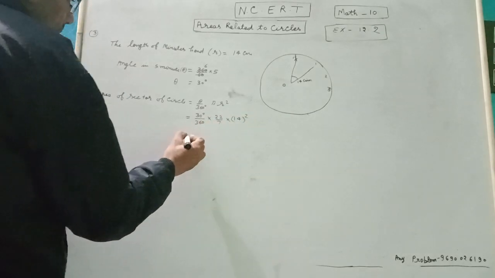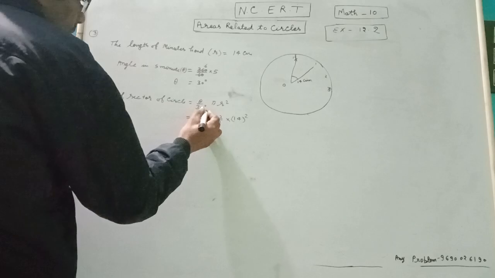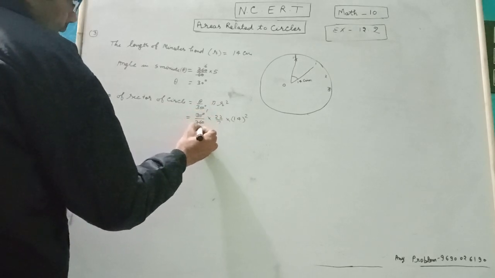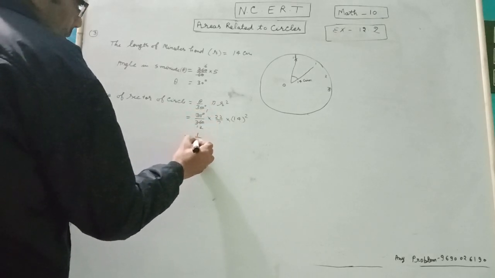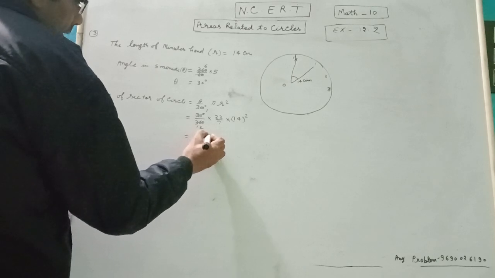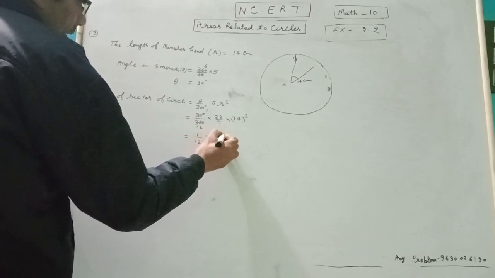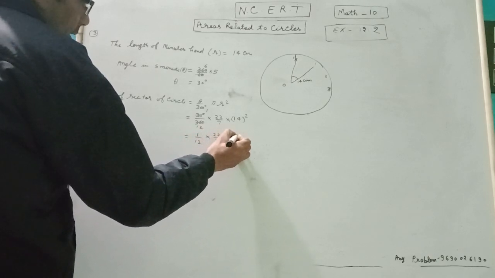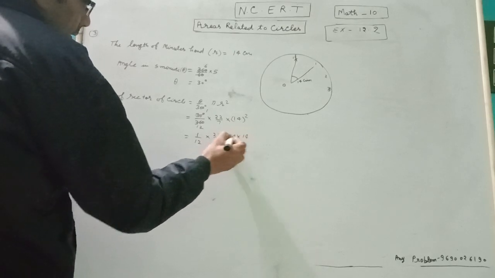Putting the values, 1 upon 12 into 22 upon 7 into 14 into 14.